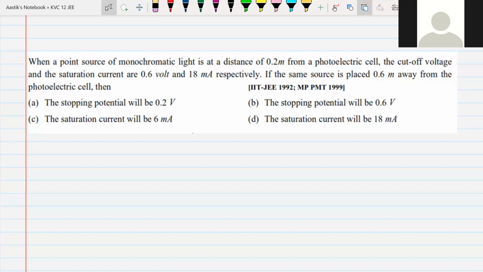I hope we are going to give the right answer for this one. Let's see who can give me the right answer for this one. I'm waiting. Since this question has come in an IIT, it could be multiple choice correct as well. Though it is repeated in a PMT, so only one option is correct. That is how you apply logic.